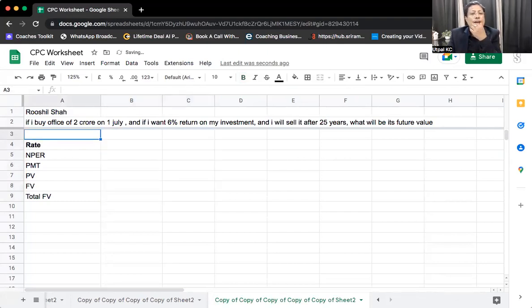Now if I buy an office for 2 crores, and say a small cap fund gives good return. Gautam, please do not go like this. Nowadays everything gives good returns, but you do not know unless you have proper knowledge.